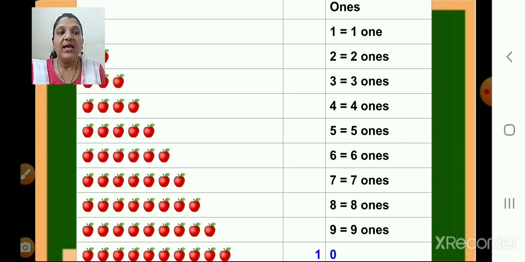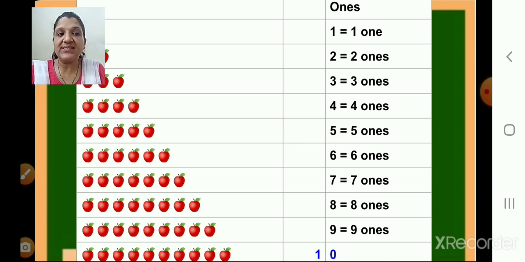But here as you see, we have written 0 below 9 as ones, and we have written number 1 to the left of it, because when we write number 10, it becomes a 2-digit number. So, we have to write number 1 in a different place.